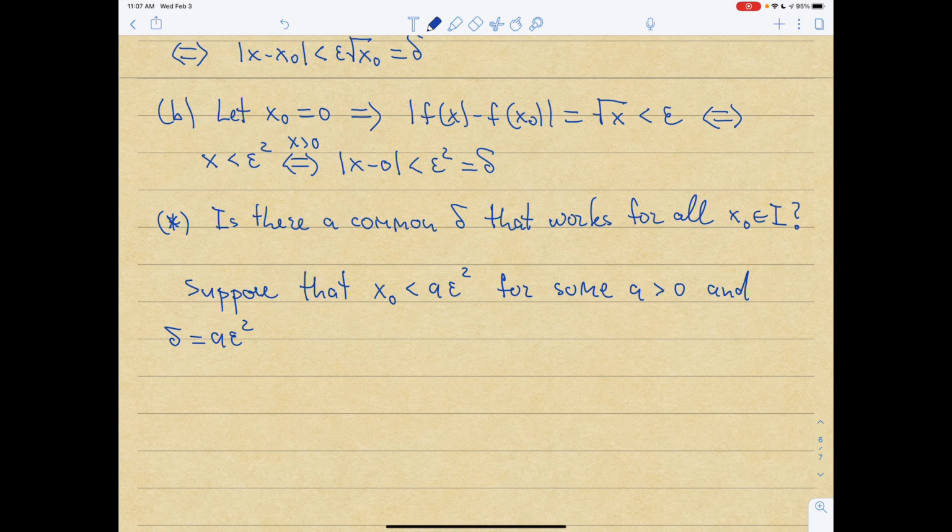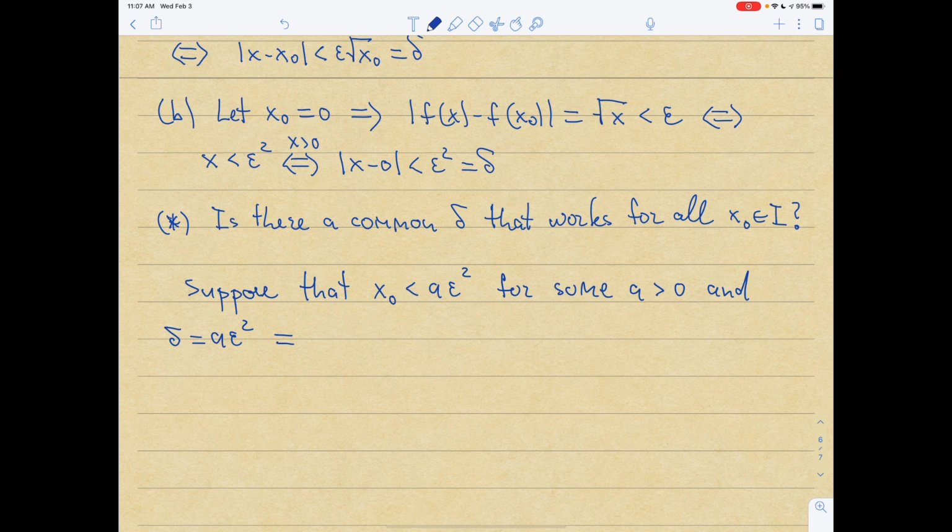Right? So I'm just forcing x0 to be very close to 0, because epsilon is supposed to be a small number. And I'm choosing delta to be exactly the same as a maximum distance from x0 to the origin.